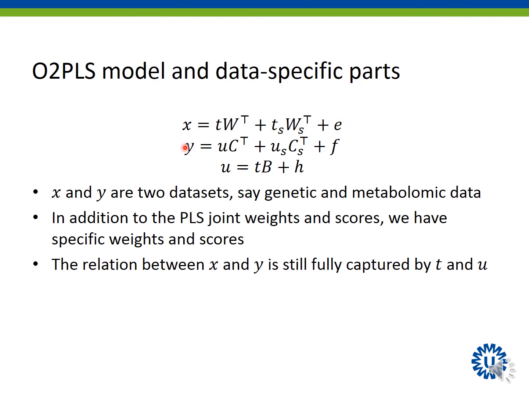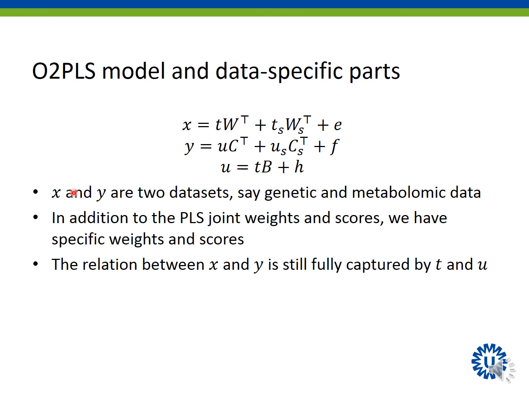And the same for Y. So Y is partly a joint part, plus a specific part for Y, plus some residuals. And again, we have the relation that links T and U. That's a linear relation between T and U.